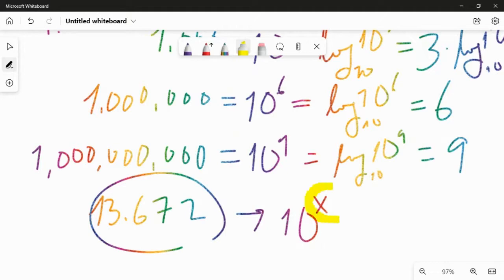Finding what this x will be is not easy, right? 10 raised to x. What kind of x will make this 13.672, the result of raising it to a power, right? It's not impossible. Mathematically, it's possible, but we need to use a computer or calculator to find it.